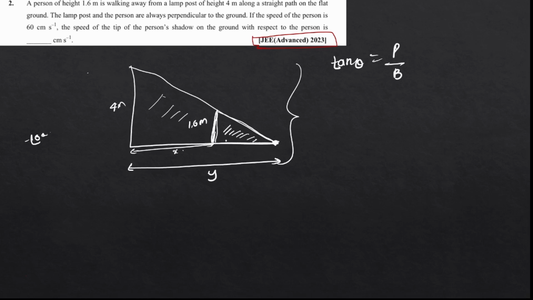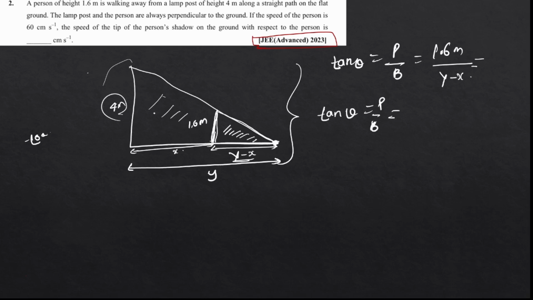What is the perpendicular? It is 1.6, and what is the base? This distance is y minus x, right? This tangent theta should be equal to the tangent theta for this whole triangle. For this whole triangle, the perpendicular is 4 and the base is y.